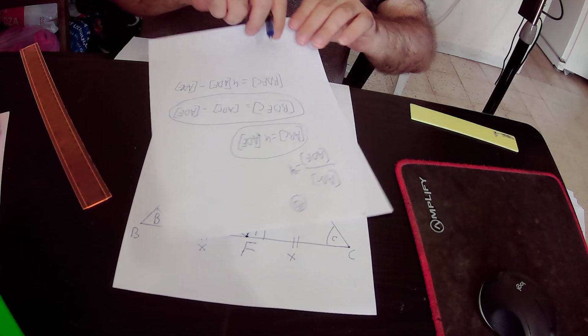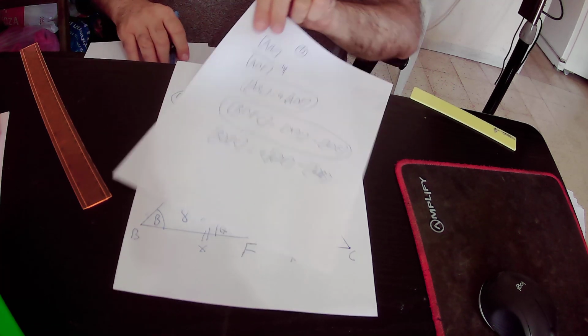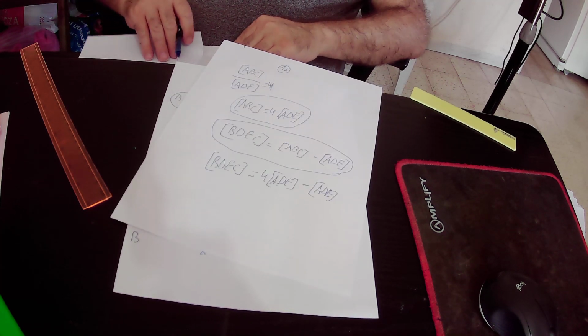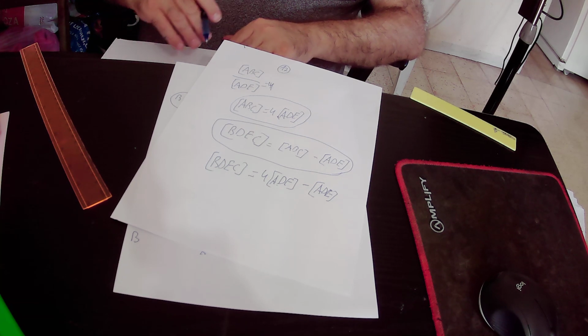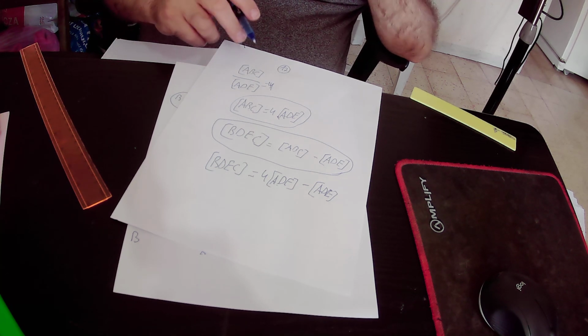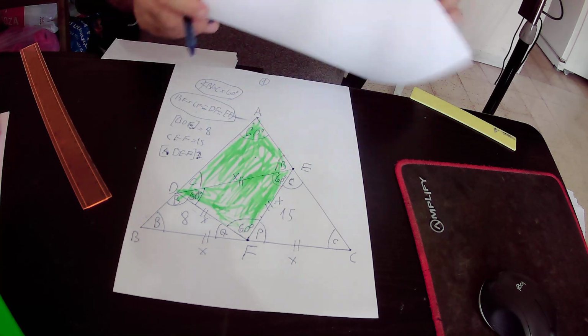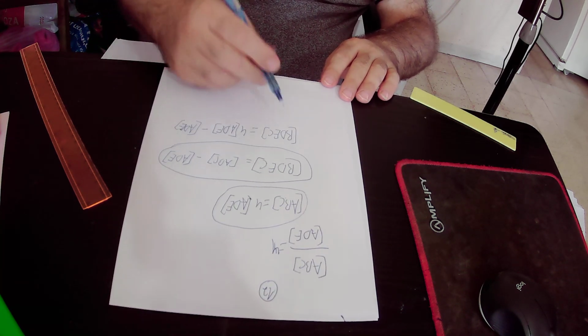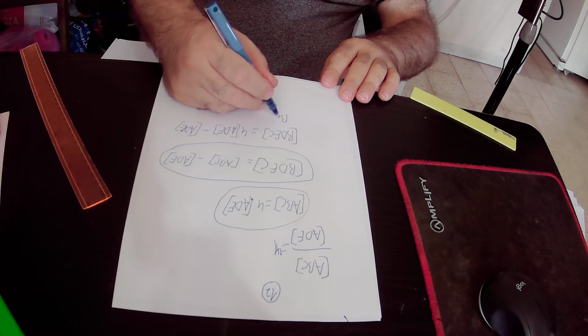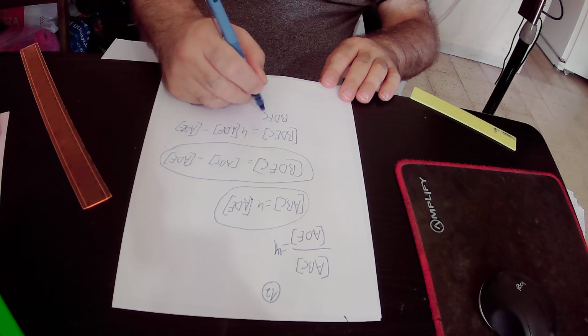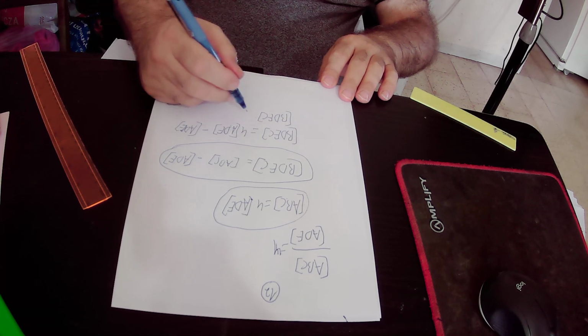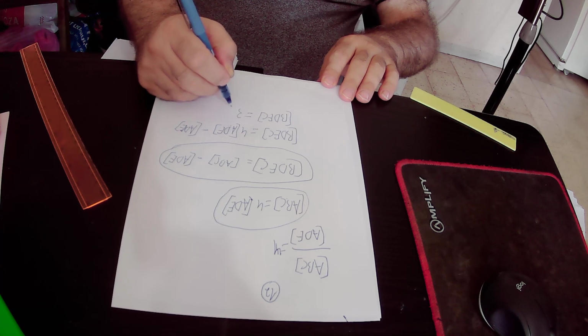So 4 times the area of triangle ADE minus 1 times the area of triangle ADE equals 3 times the area of triangle ADE. So the area of quadrilateral BDEC equals 3 times the area of the small green triangle ADE.